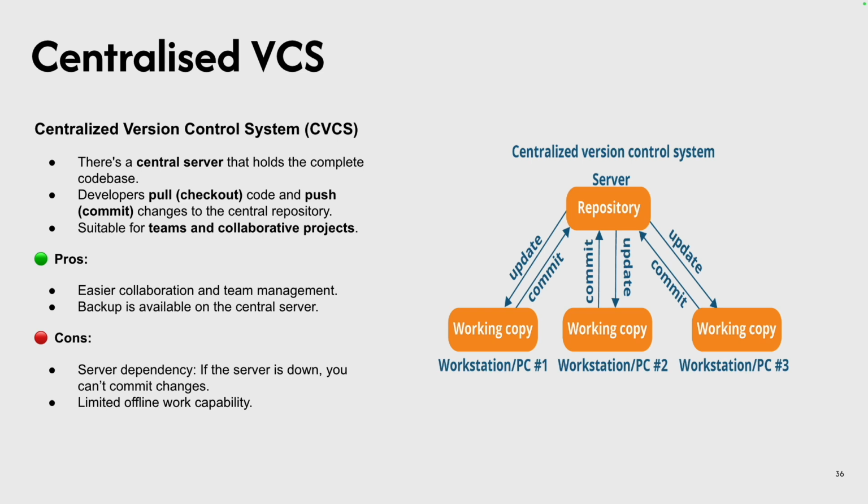Developers pull the code and push the committed changes to the central repository. Say this is your workstation PC or local PC, you are committing to the central repository, which is the server, and any changes done there can be pulled to your local machine. Okay, understood, guys?